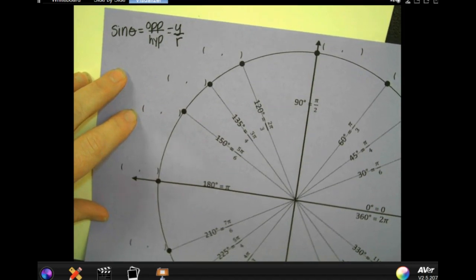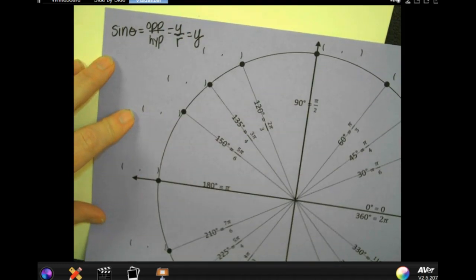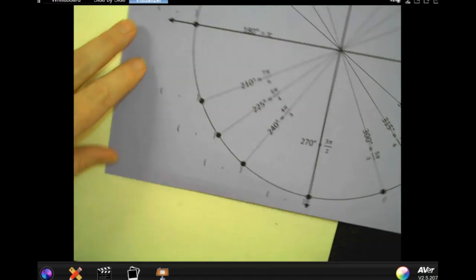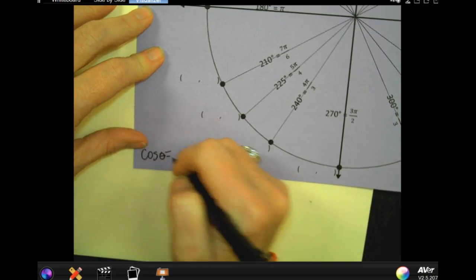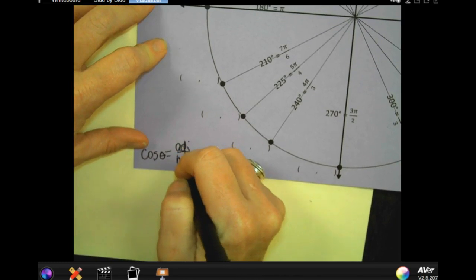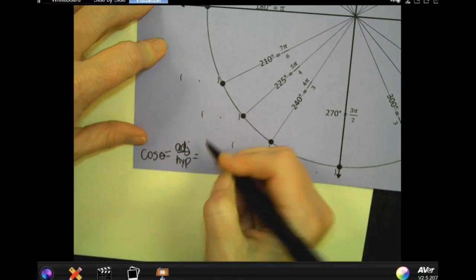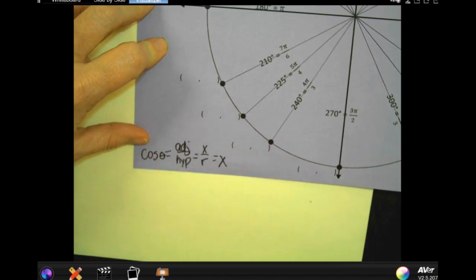And I just said for the unit circle that the radius was 1, so the sine of theta is going to be y. We also talked about the cosine of theta yesterday, and that was the adjacent over the hypotenuse, which would be x over r, and the r is 1, so it would just be x.